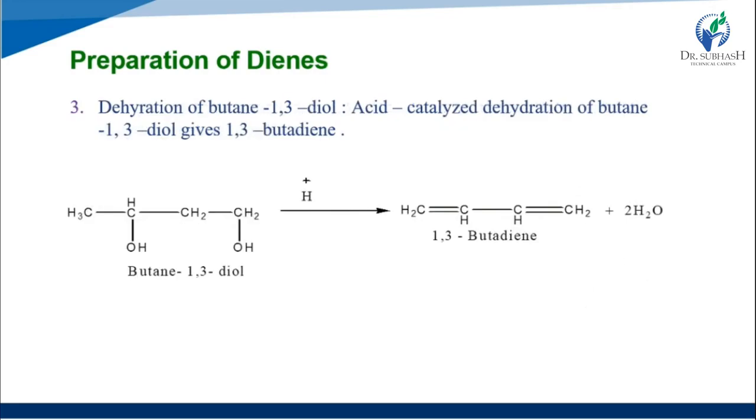Third, dehydration of butane-1,3-diol. Acid-catalyzed dehydration of butane-1,3-diol gives 1,3-butadiene. Here we take butane-1,3-diol in the presence of a mineral acid as the catalytic agent, and double bonds are generated at the 1 and 3 positions, so that's called 1,3-butadiene, and 2 water molecules are removed.